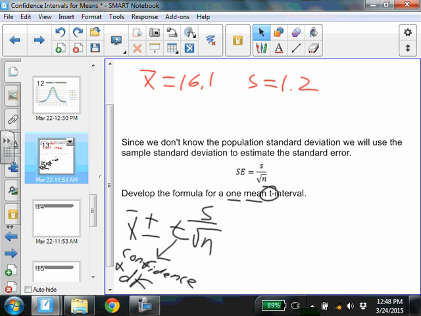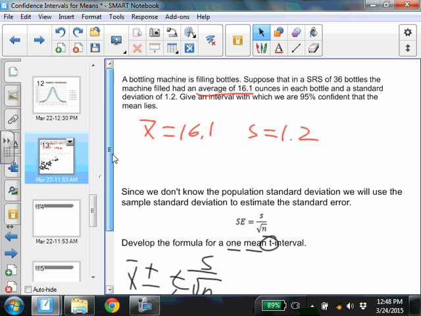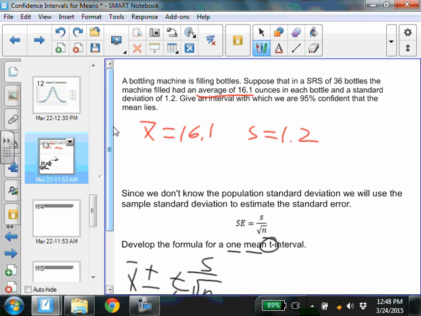The sample standard deviation was 1.2. What are my degrees of freedom in this one? We took a simple random sample of how many bottles? 36. Therefore n is going to be 36. It'll calculate the degrees of freedom for you. And then our confidence level here is going to be 95%. And then you can hit calculate.